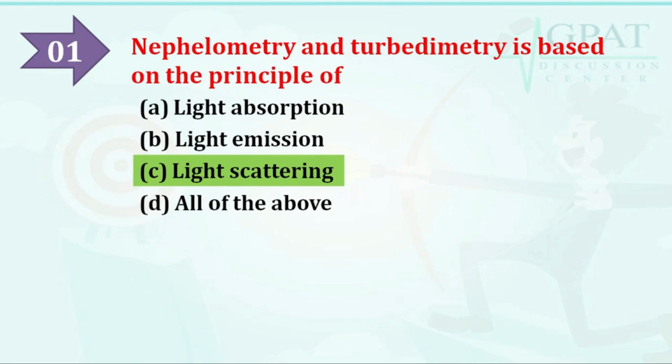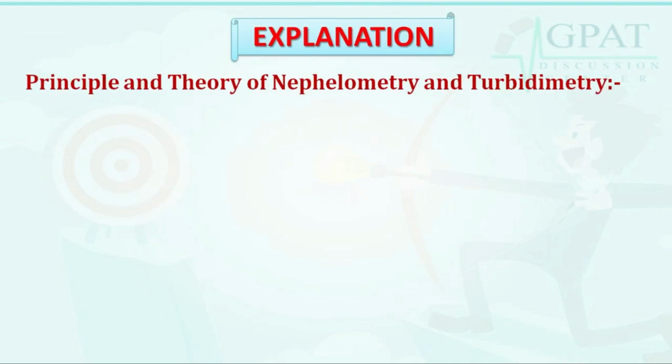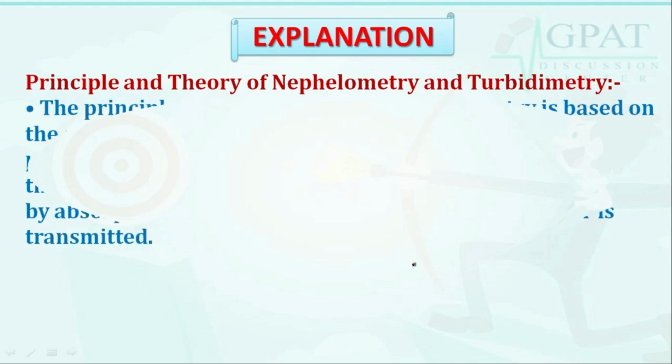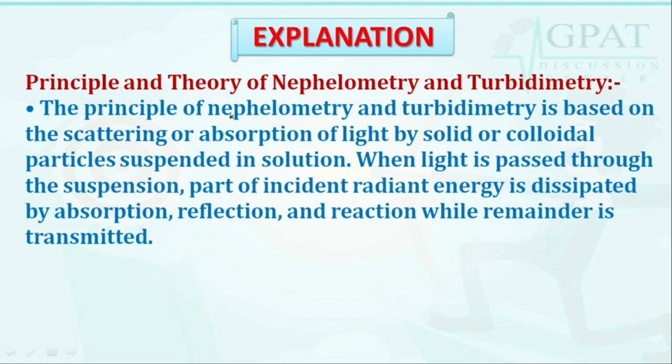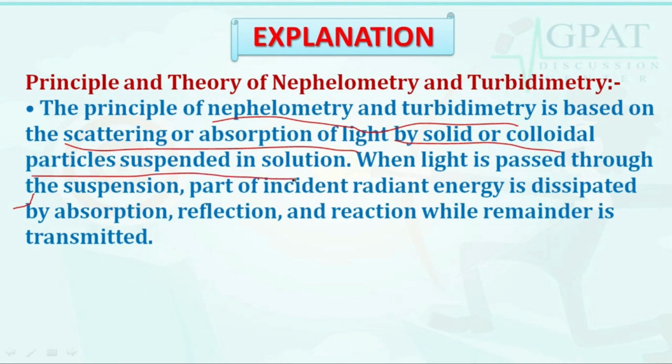So we can now understand with the help of the explanation what the principle of nephelometry and turbidimetry is. The principle is based on the scattering or absorption of light by solid or colloidal particles suspended in solution, because when light is passed through the solution, part of the incident radiant energy is dissipated by absorption, reflection and refraction, while the remainder is transmitted.